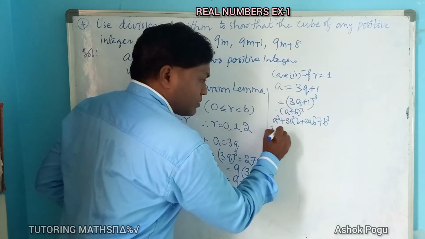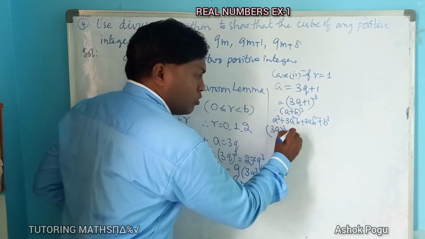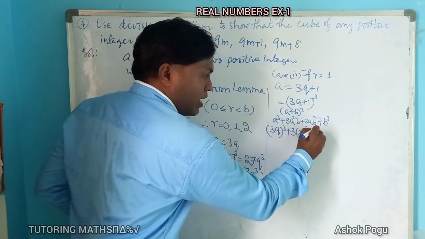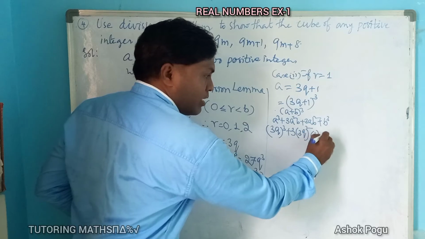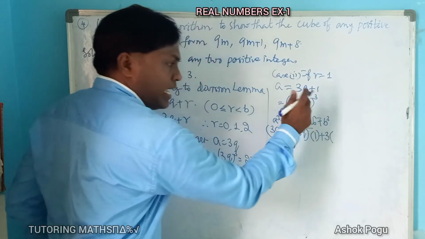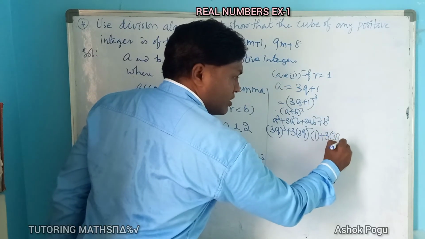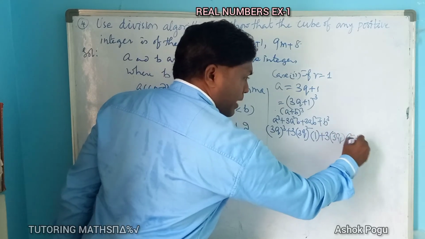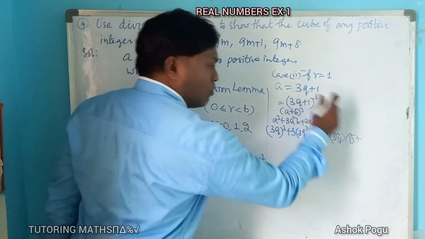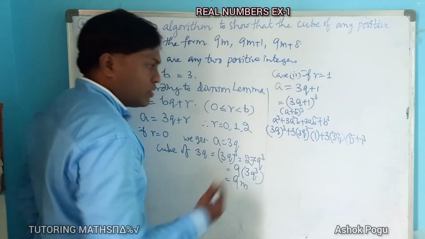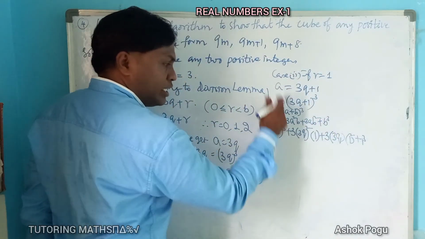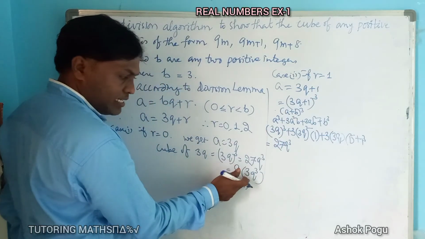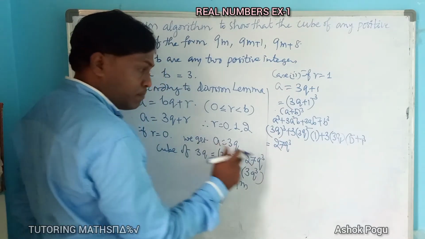We get 3q whole cube plus 3 into a square, that is 3q square, into b, which is 1, and next 3 into a, the first value, into b square, that is 1 square, plus b cube, that is 1 cube. Let us simplify this. 3q whole cube is 27q cube, already done in the previous step.